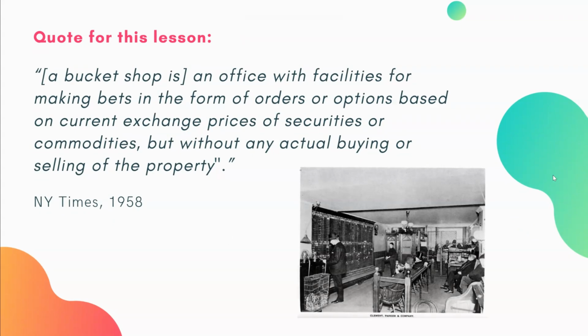Okay, so the quote for today's lesson: a bucket shop is an office with facilities for making bets in the form of orders or options based on current exchange prices of securities or commodities, but without any actual buying or selling of the property. That was in the New York Times, 1958. And the image down there is of an original bucket shop with the ticks coming in on the ticker tape, which is where we get the name from.